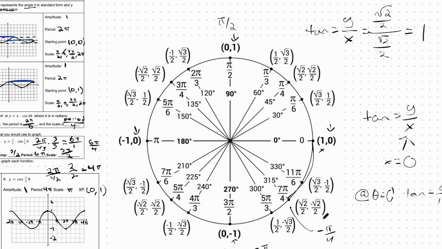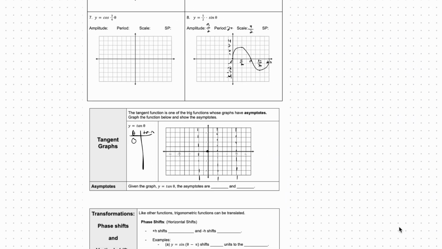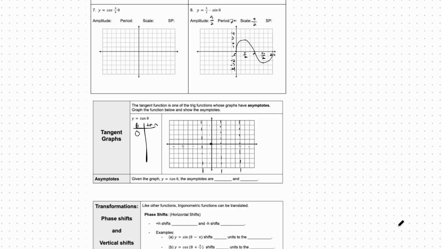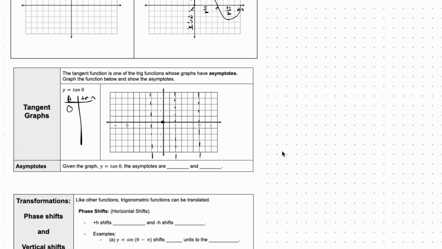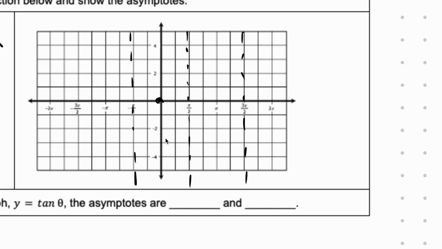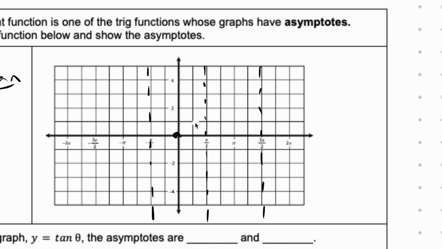Now we have y over x equals negative root 2 over 2 over root 2 over 2, and we end up getting negative 1. Okay, so I'm going to put those 2 points here.